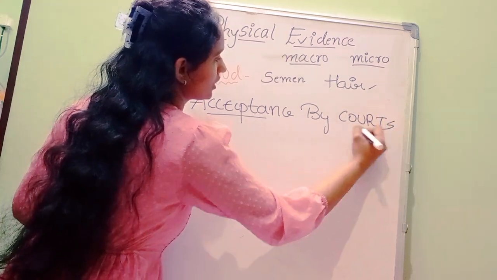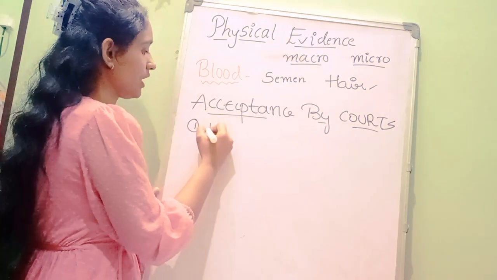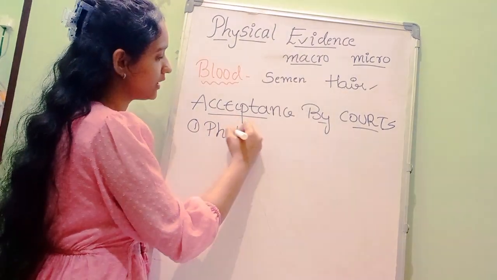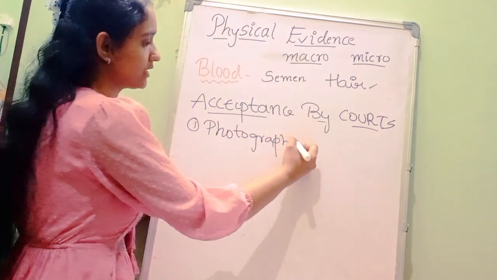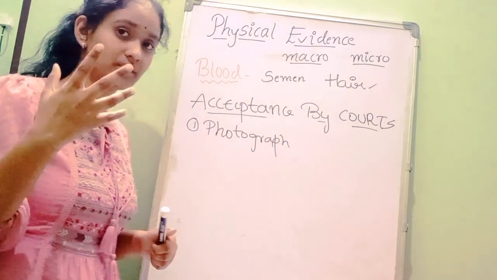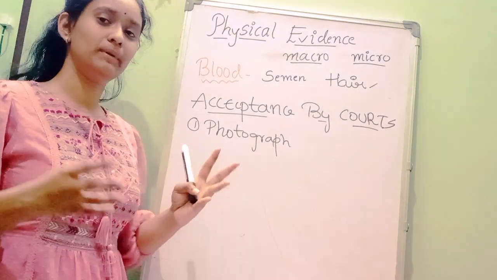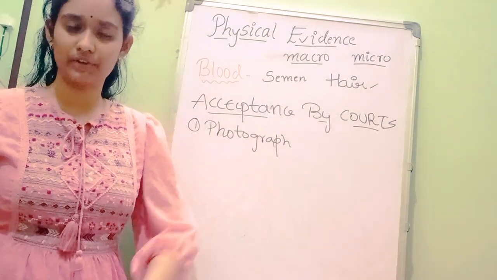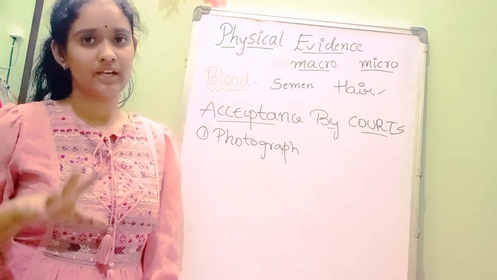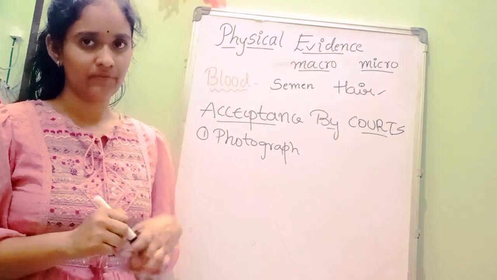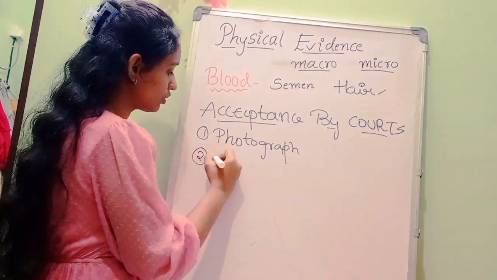Okay, so the courts will first accept the photograph. As I said, photographs can be of so many types. Like last time also I said, by keeping the light trace, by keeping many of the lights, and photographs will be taken from the top view, from a 45 degree angle, from the mid range, from the lower range. There are different types of views in photographs. So the photograph will be accepted by the courts, and then the second one is videograph.